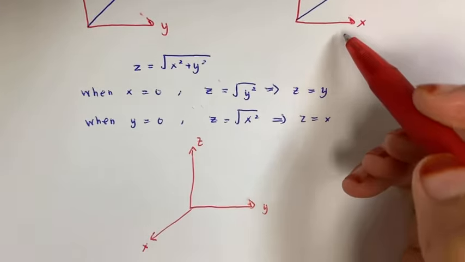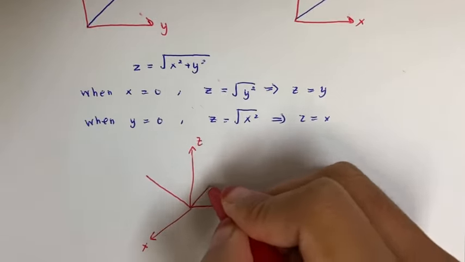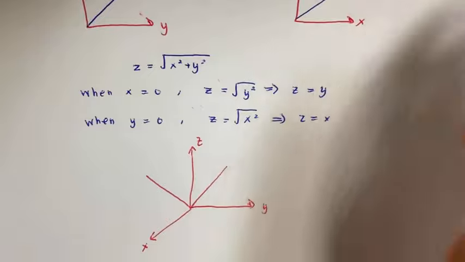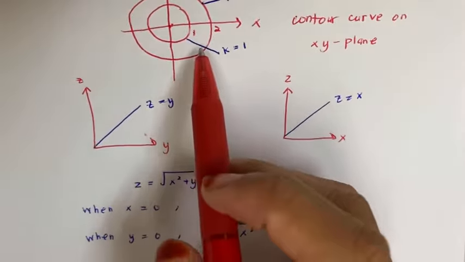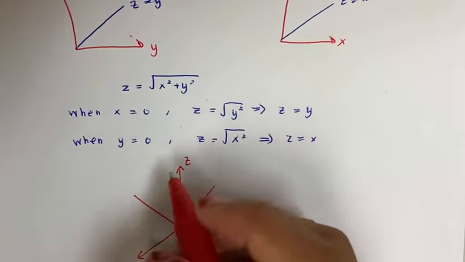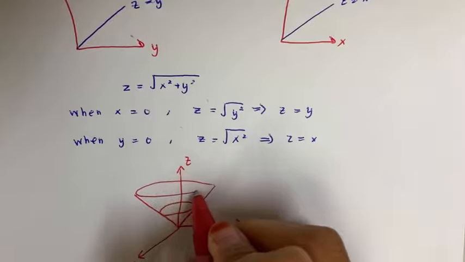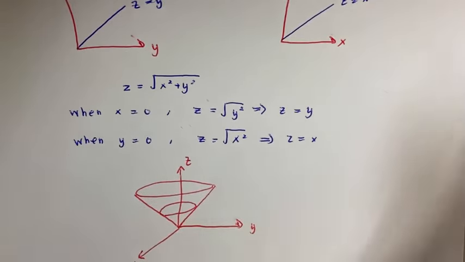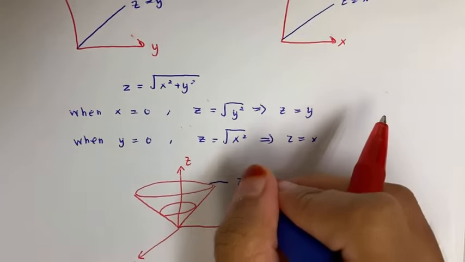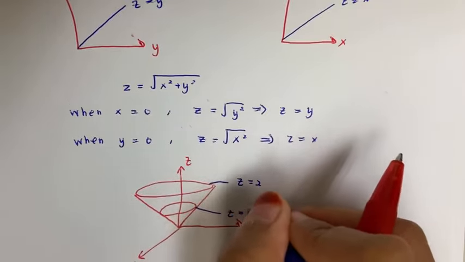For the zx plane you have this line, for the zy plane you have this line, and for the xy plane you have these two circles. So basically this is for z equal to 2 and this is for z equal to 1.